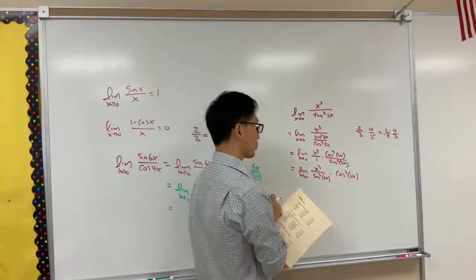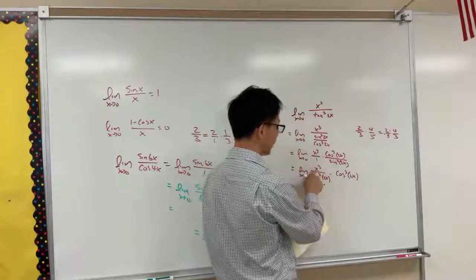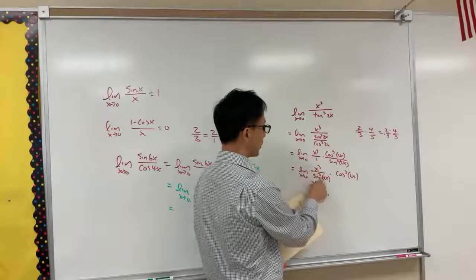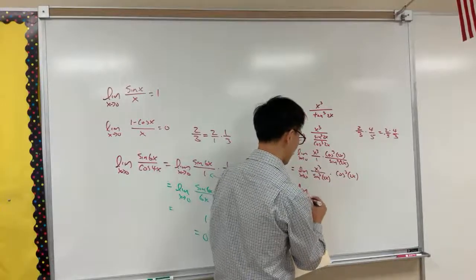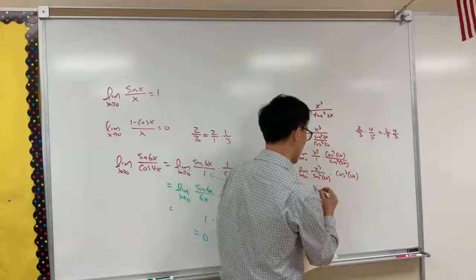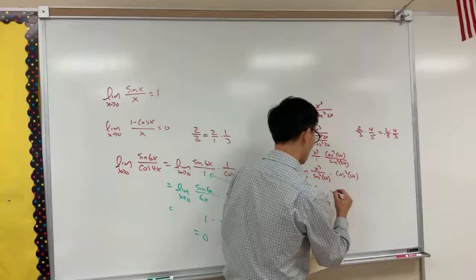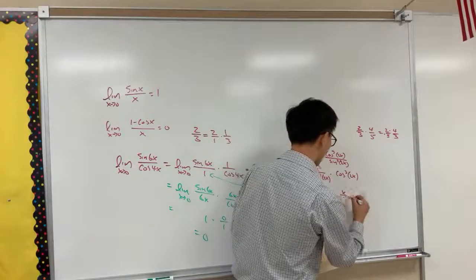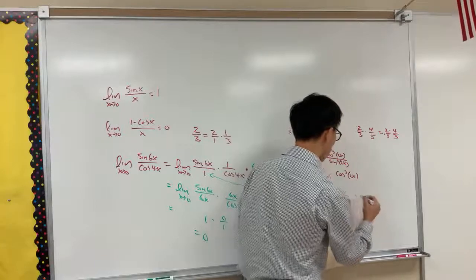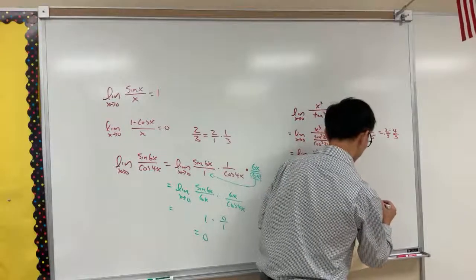So what we're going to do is multiply here. I need to be careful with this part because technically that's equal to the limit as x approaches 0 of x over sine of 2x times x over sine of 2x times x over sine of 2x, and times cosine cubed of 2x.